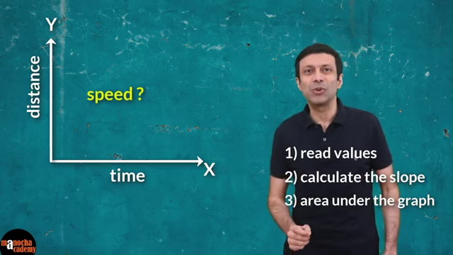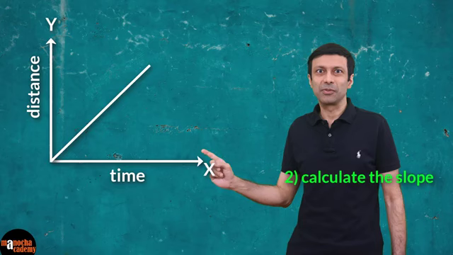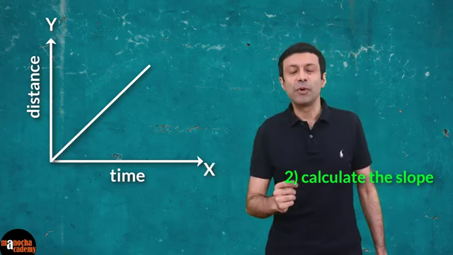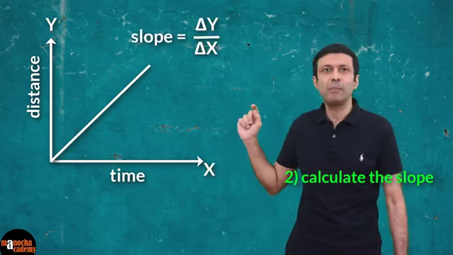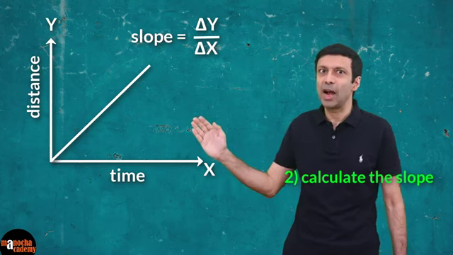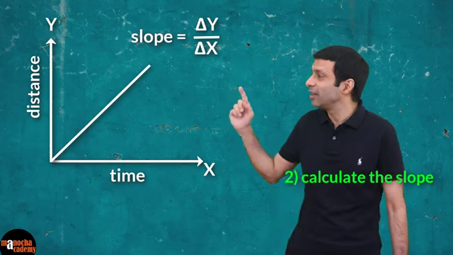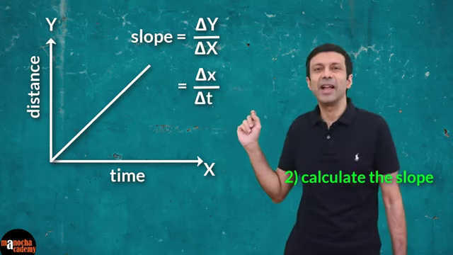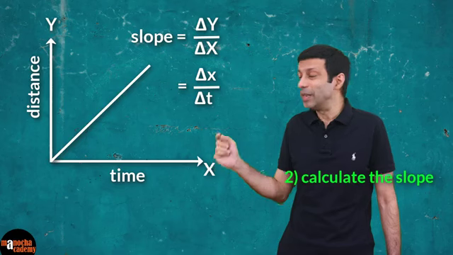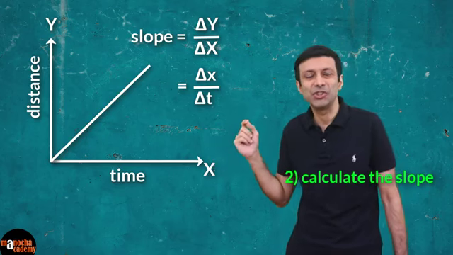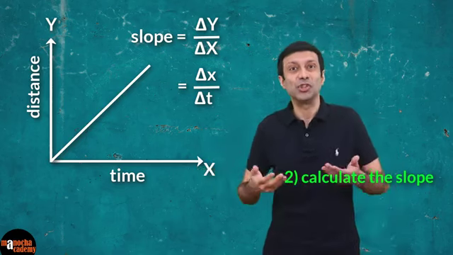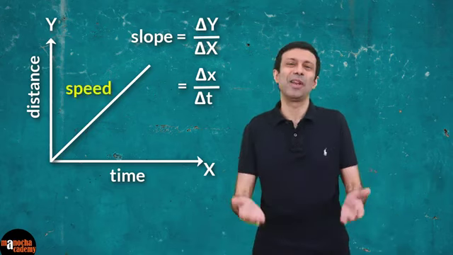That's right, you need to calculate the slope of this graph. Why? Because slope of a graph is delta y by delta x. Remember, change in y by change in x values. That is going to be here delta x divided by delta t, which means change of distance divided by change in time. And we know that change in distance by time is the speed of the body.